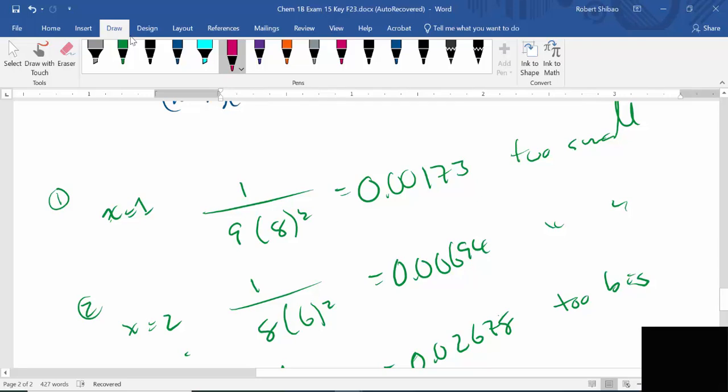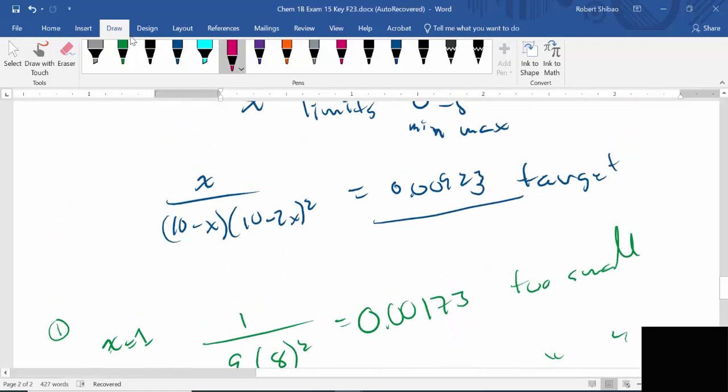Why 1? Because algebra is going to be easier for this. This is going to be 10 minus 1 is 9. 10 minus 2 times 1 is 8. Square that. Invert it. And so this comes out to 0.00173. We need 0.009. That's our target. So it's too small.